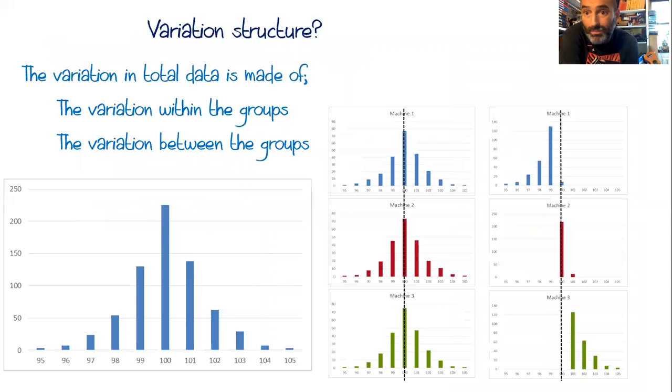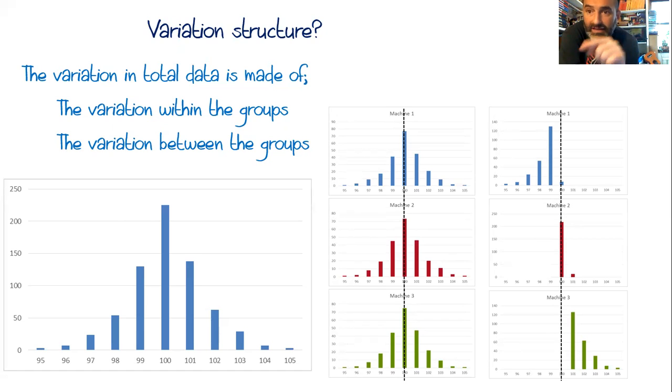And what do we mean by that variation structure? Okay, this is probably new to you, but you're going to learn it. I'm going to teach you well, right? The variation within this aggregate data depends on two things. It is actually made of two things.